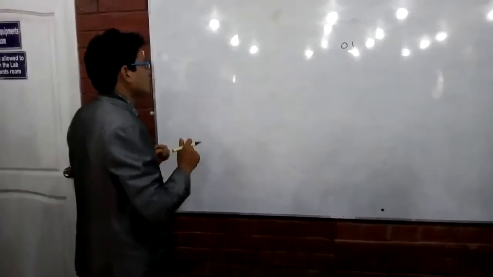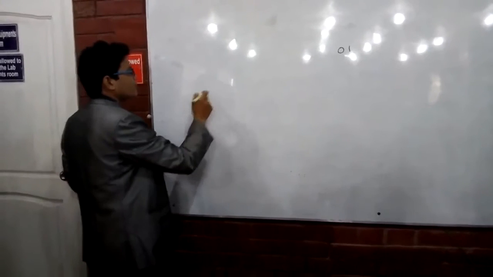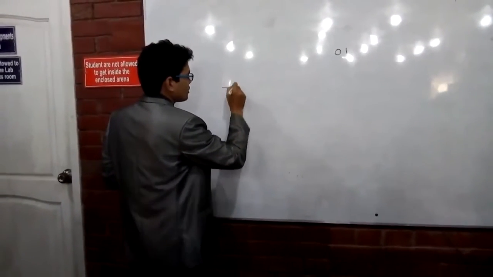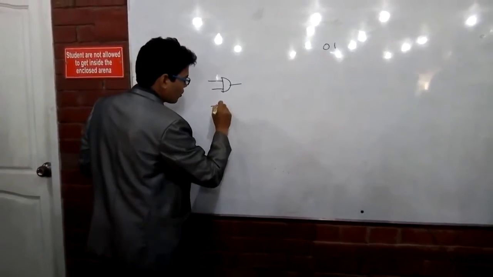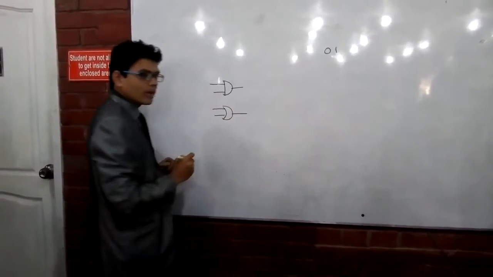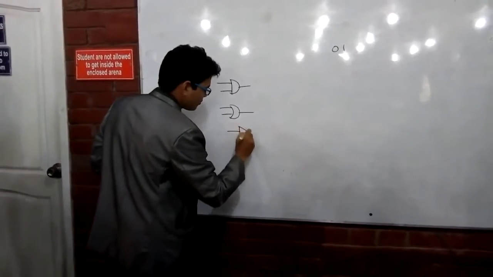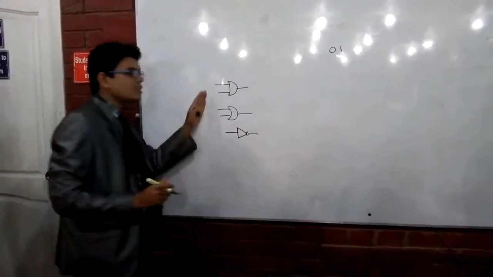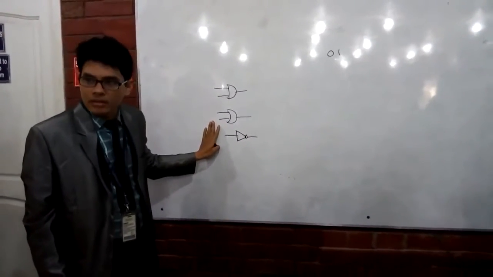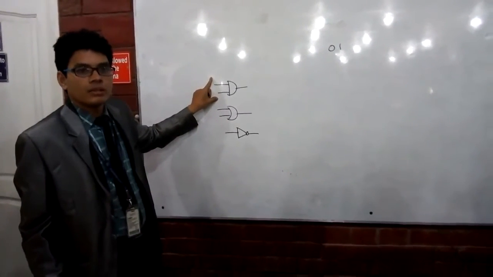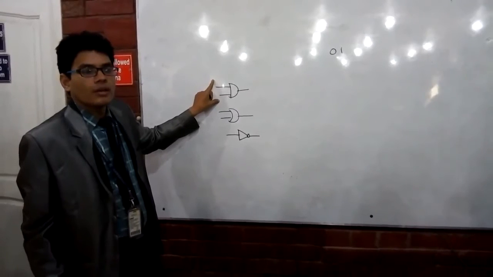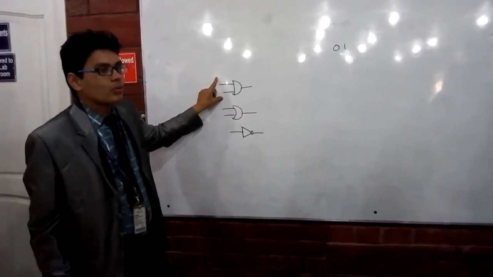For example, today we have different logic operations: there is AND, there is OR, there is NOT. These are the different things we have learned so far. Today we'll verify all of them practically and see how they work.